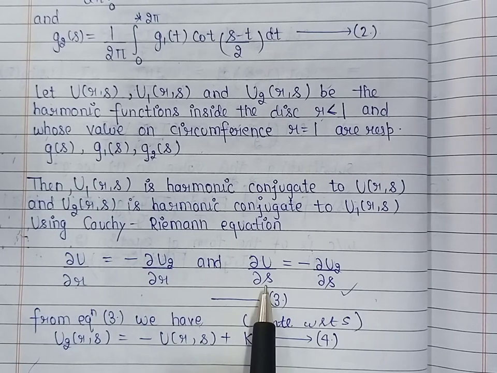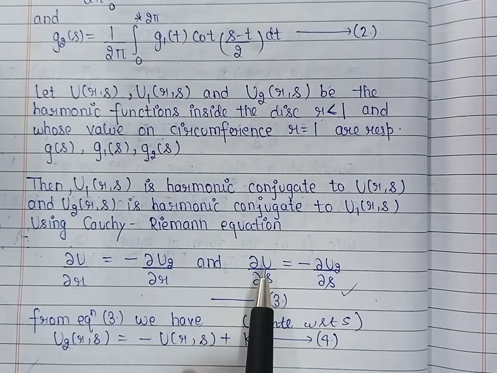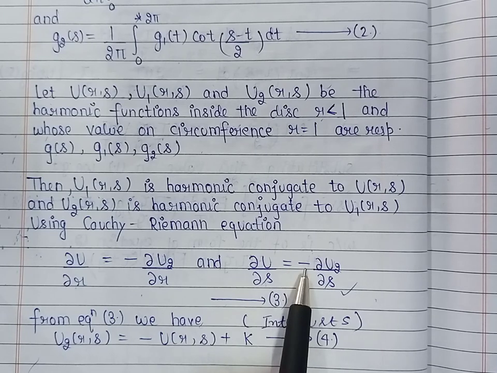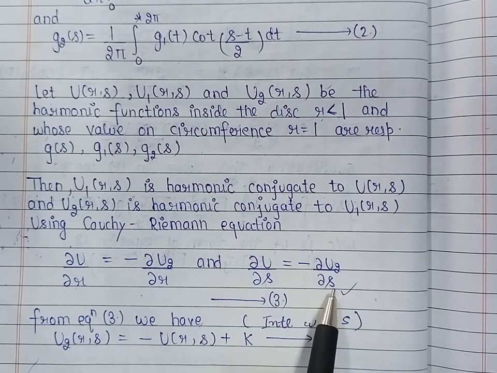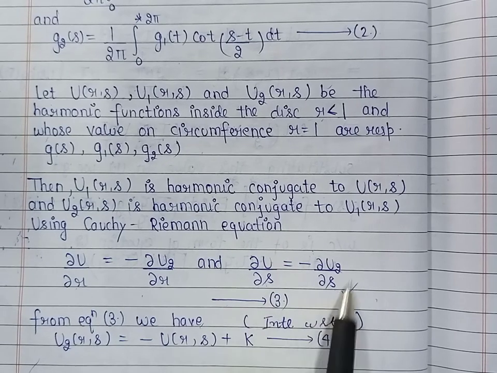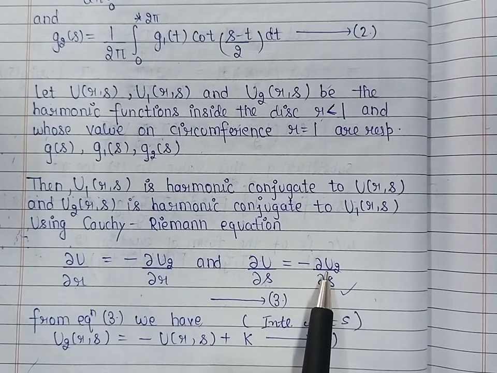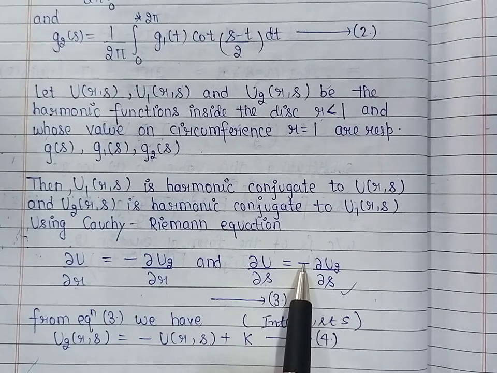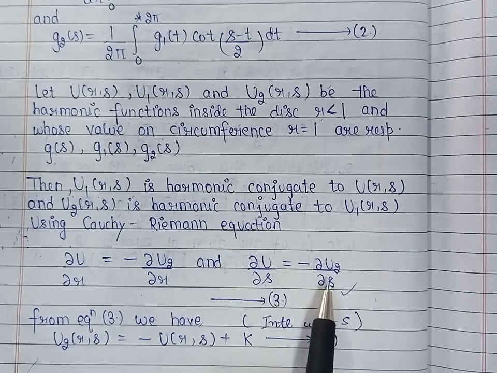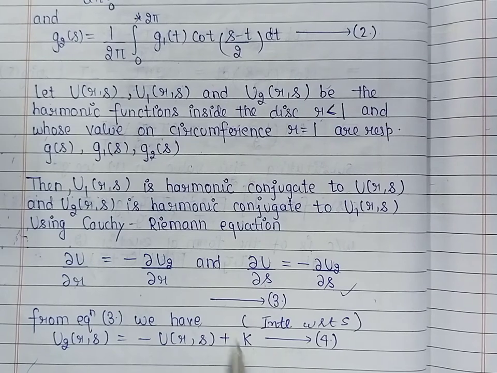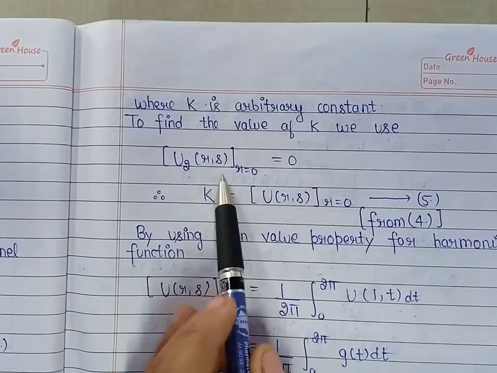And the second Cauchy-Riemann equation gives partial derivative of u with respect to s is equal to negative of partial derivative of u2 with respect to s. Now integrating with respect to s on both sides and taking the minus sign on the right side, this will become u2 is equal to minus u plus k, where k is any arbitrary constant.